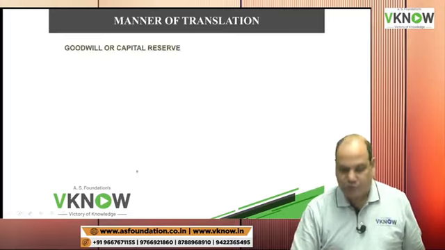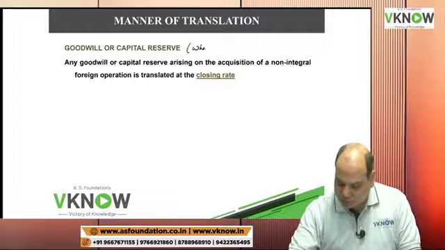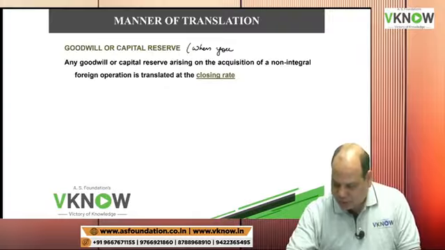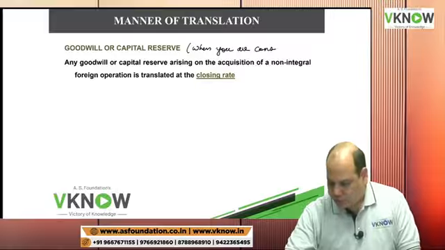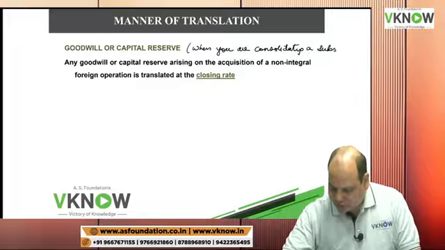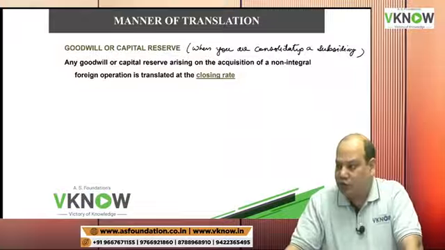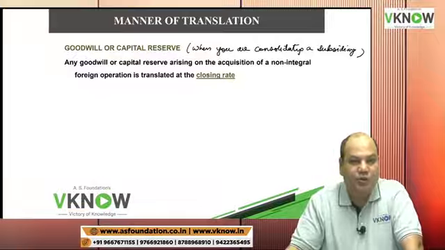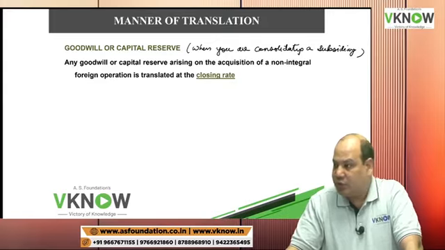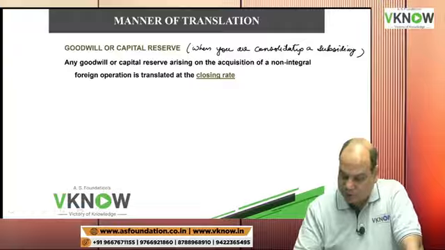Next point, goodwill or capital reserve. This will arise when you are consolidating a subsidiary. But as I said, consolidation is not a part of your syllabus. Still, because it is written in the standard, I have to tell you: when you consolidate a subsidiary, it will give rise to either goodwill or capital reserve.